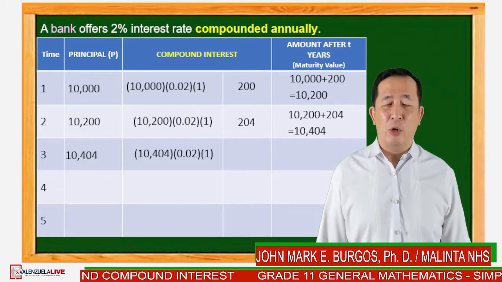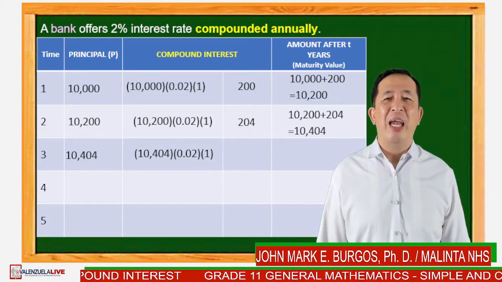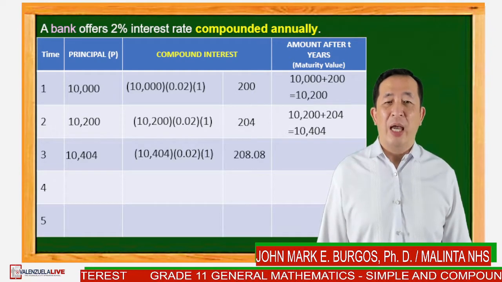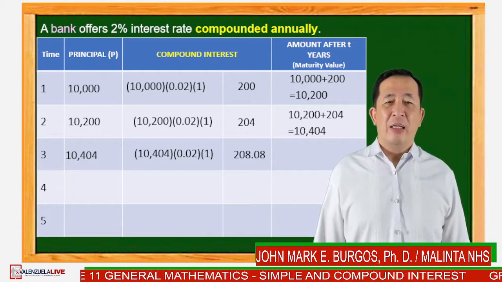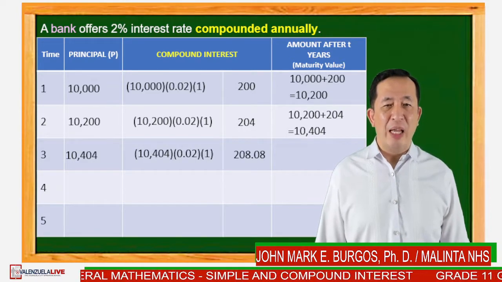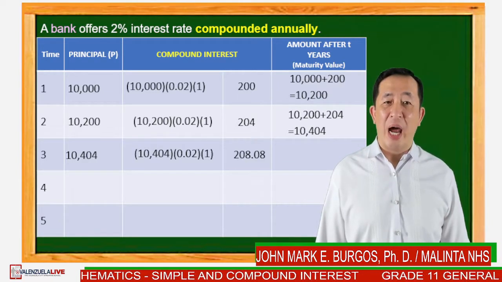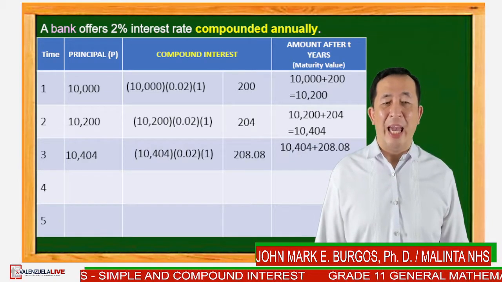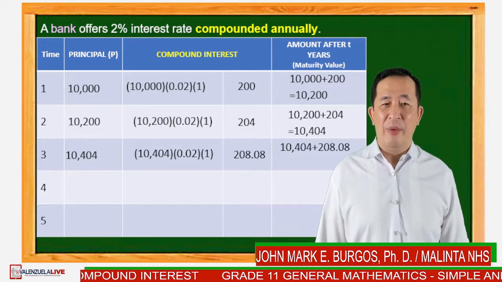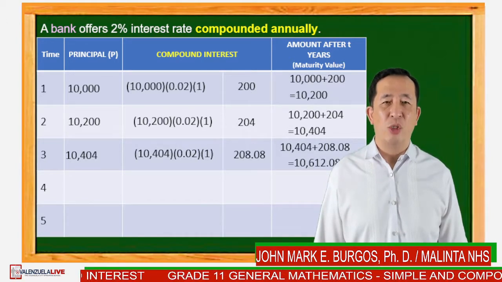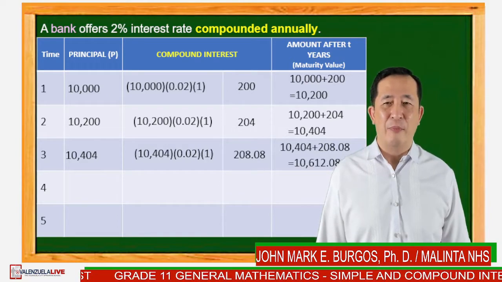The interest or the compounded interest will be 208 pesos and 8 centavos. After 3 years, the maturity value will be 10,404 plus 208 pesos and 8 centavos. The maturity value will be 10,612 pesos and 8 centavos.